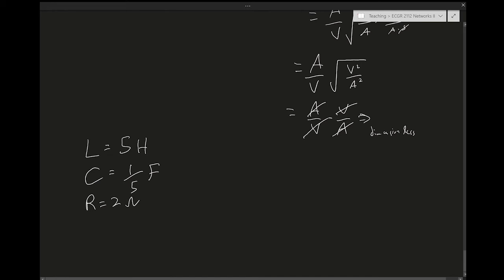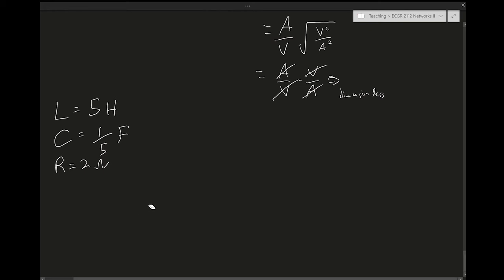So let's do the example for those values for the circuit parameters. The other parameters that we need also are the initial conditions. So the given initial conditions are as follows: iL at 0 equals -1 amp, and vC at 0 equals 4 volts.